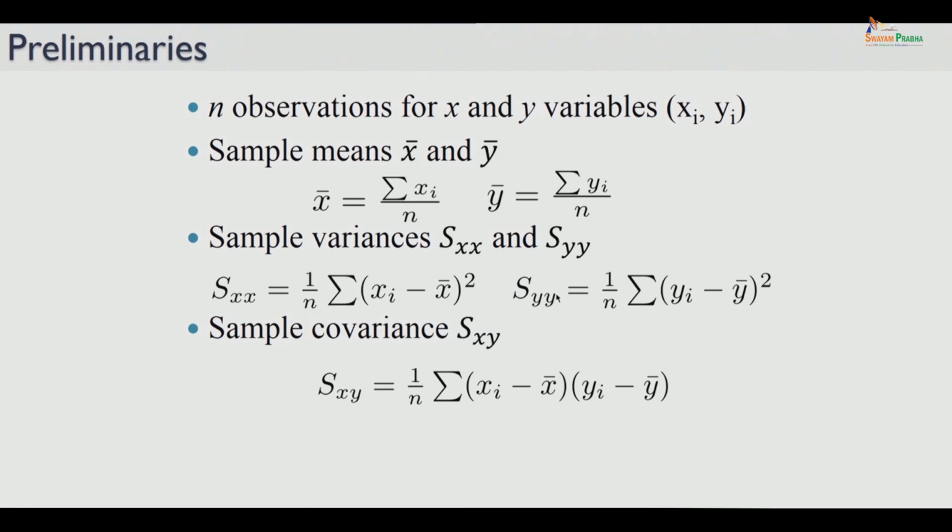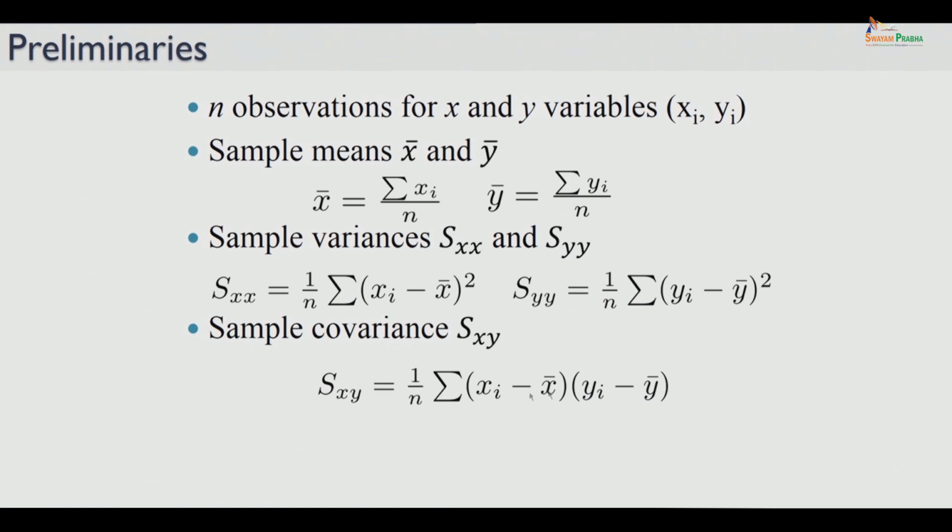So we define these sample variances sxx and syy, corresponding to the sample variance of x and y. We can also define the cross covariance, which is denoted by sxy, which is nothing but the deviation of xi from x bar and the corresponding deviation of yi from y bar, and the product of this we take and sum over all values and divide by n.